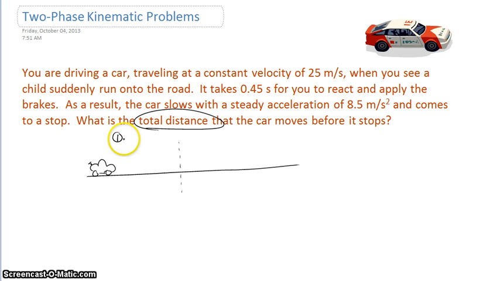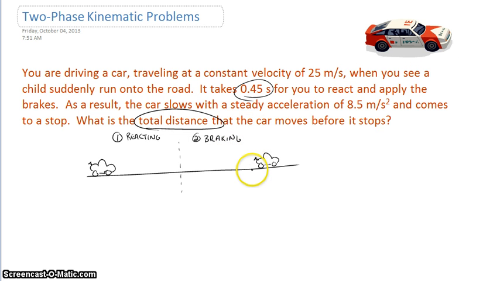This person is driving along, and it takes 0.45 seconds just to put your foot on the brake, so the car's not slowing down. Ultimately, over here, it'll come to a stop, but that's because this is the part where you're braking. So here is a reacting phase, and then this would be a braking phase.